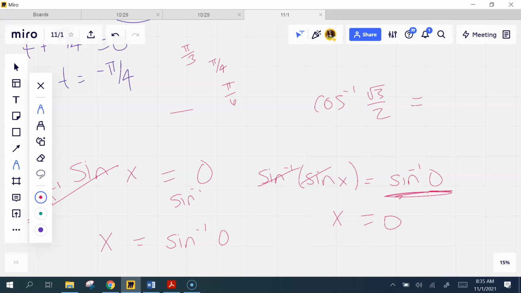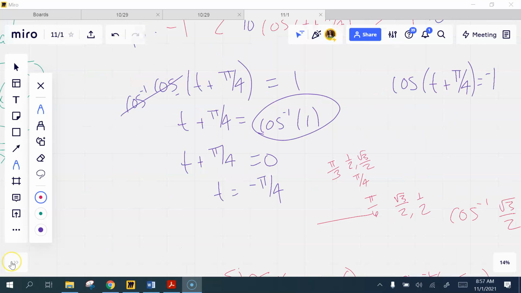This one goes out further on my x. So this is square root of 3 over 2, 1/2. This one is 1/2, square root of 3 over 2. You guys have to know your unit circle. So the cosine, where is cosine square root of 3 over 2? Pi over 6.